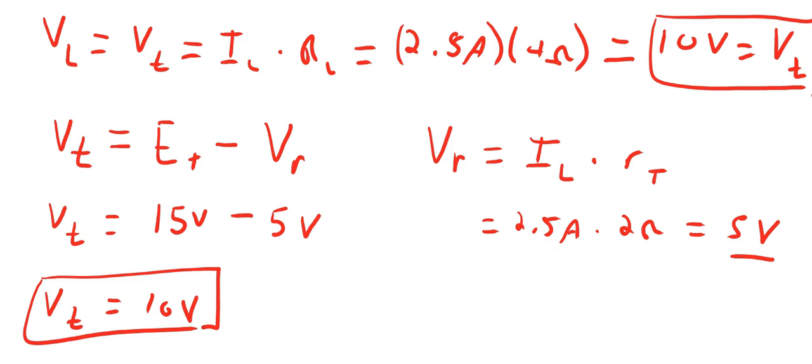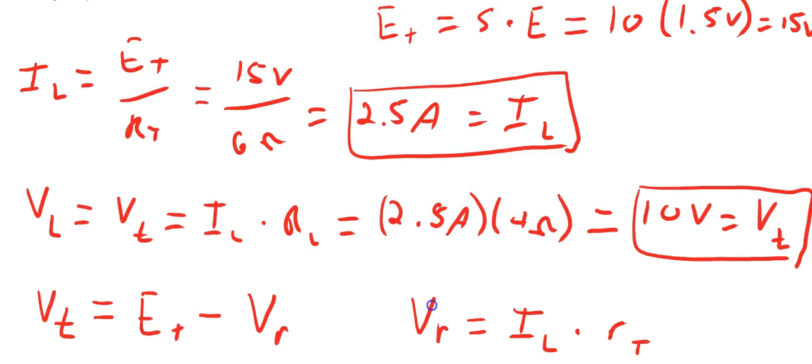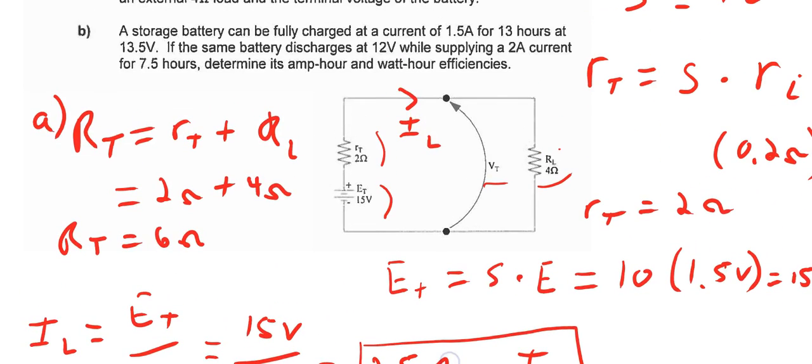Now, part B of this question asks us to consider the information given and calculate the amp hour and watt hour efficiencies.